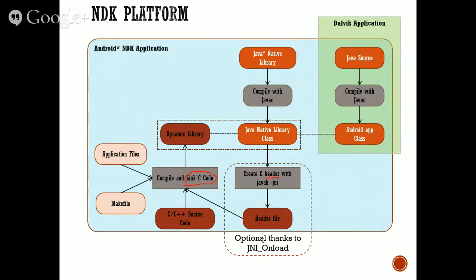Whereas in case of JNI_OnLoad, this whole step of creating the header file can be removed. That is the reason we have a box here. I will be talking about this later in the session. Once you compile and link your C or C++ source code into a dynamic library, you will use this dynamic library in your Android application class.